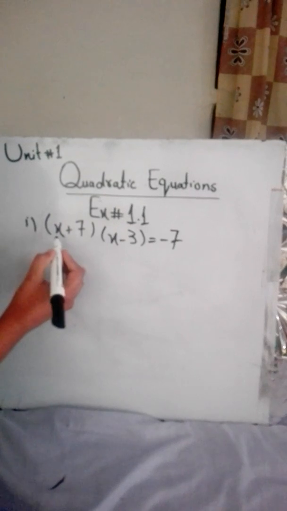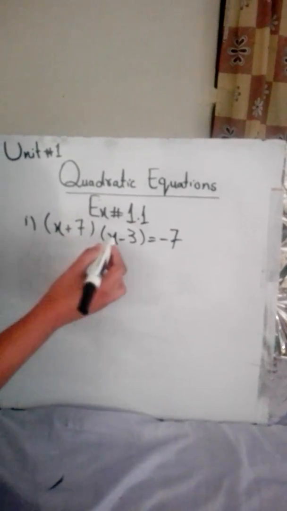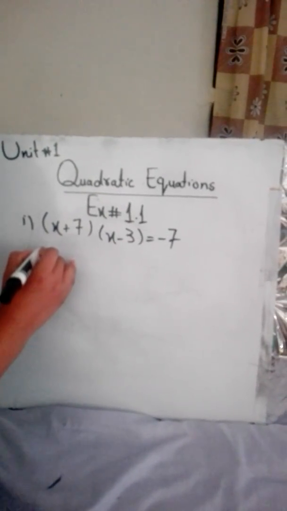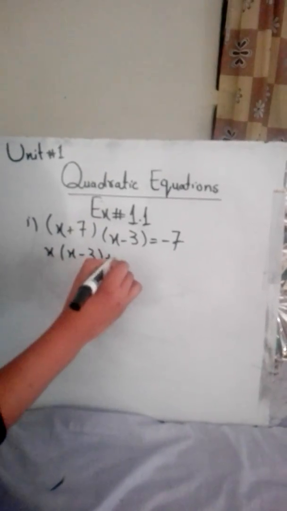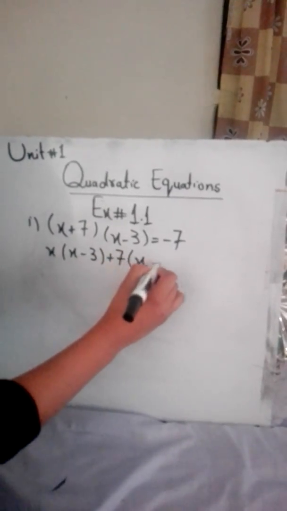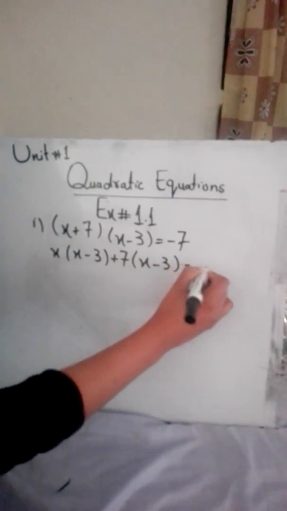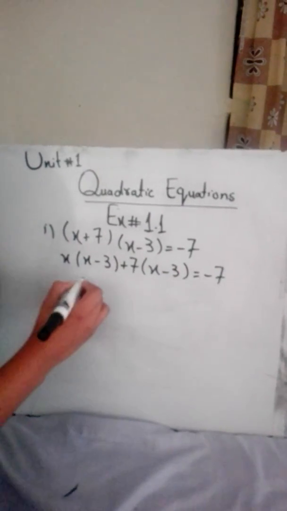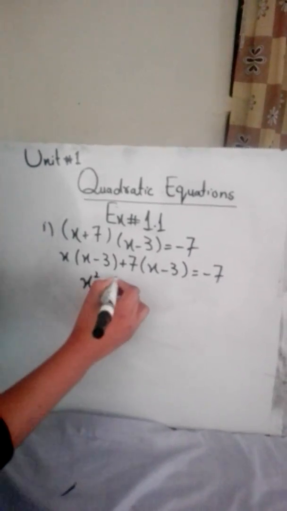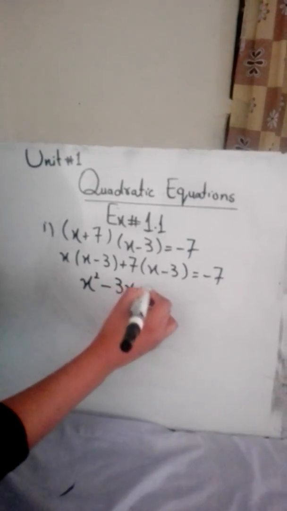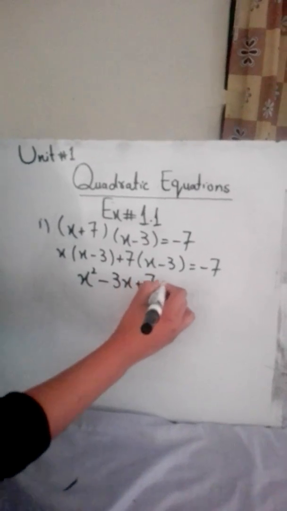First of all, we will multiply both the factors: x with x and minus 3, and 7 with x and minus 3. x multiply x is equal to x squared. Minus 3 multiply x is equal to minus 3x. 7 multiply x is equal to 7x.